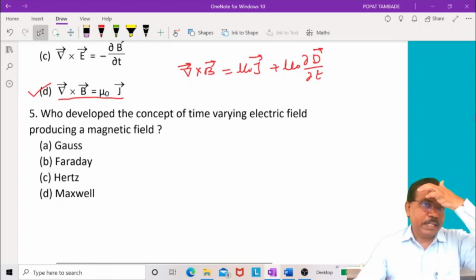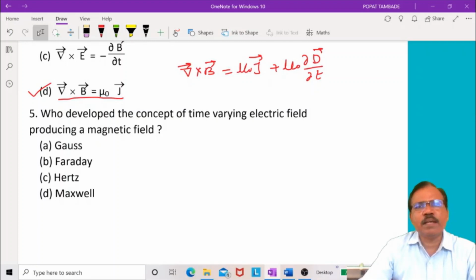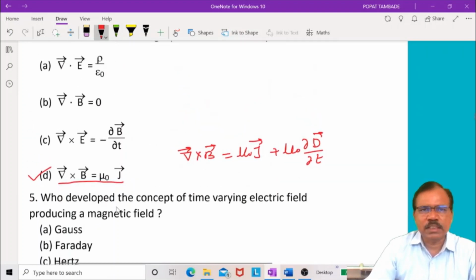electric displacement vector. Who developed the concept of time varying electric field producing a magnetic field? Now see this equation.